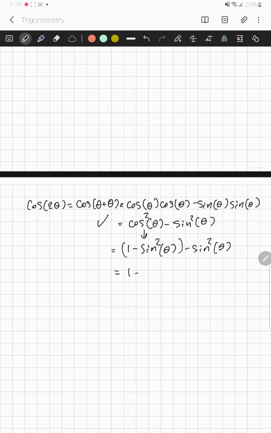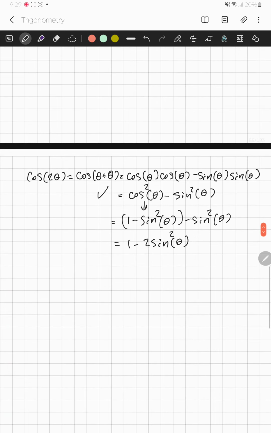This will give us 1 minus 2 sine squared theta. Then we want to substitute for sine squared theta with cosine. We just want cosine only.